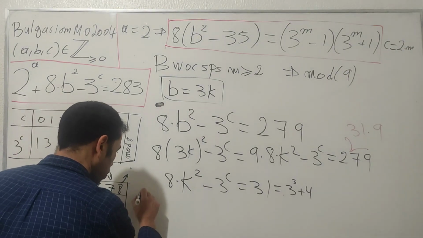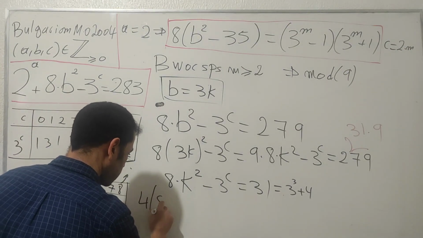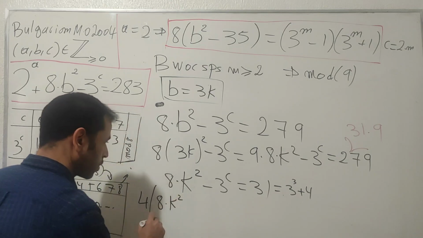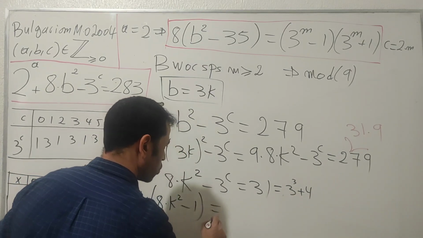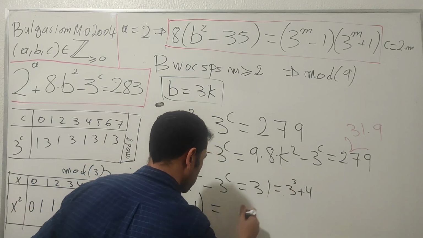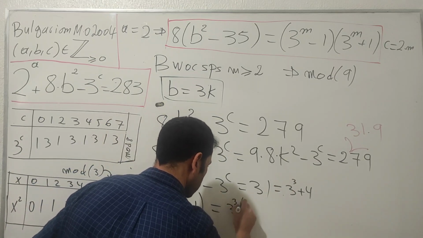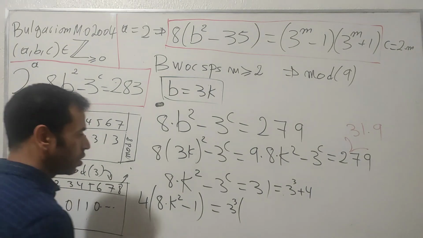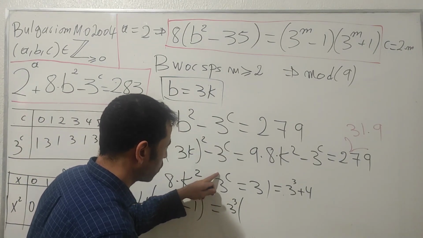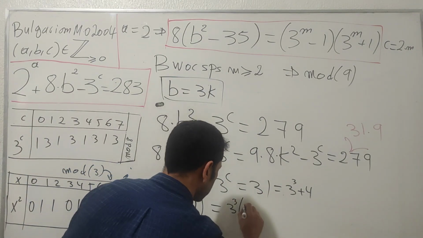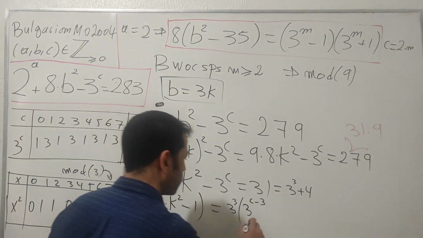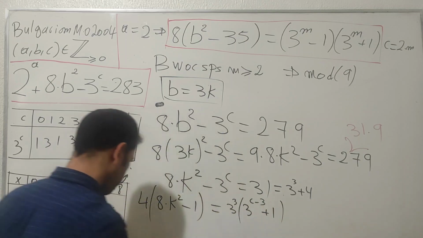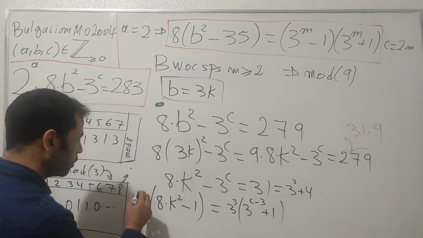I will have 4 factor 8 multiplied by k squared minus number 1, which equals 3 cubed. I'm going to take that as a common factor as well, so by moving this term to the right, I will get 3 to the c minus 3 plus number 1. I think it's more clear here.